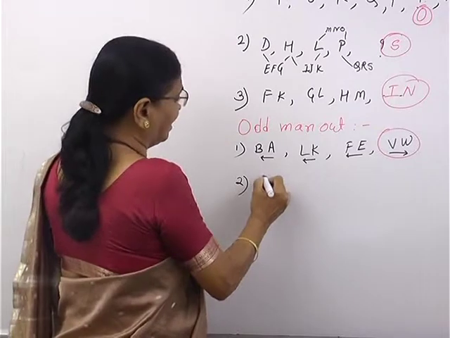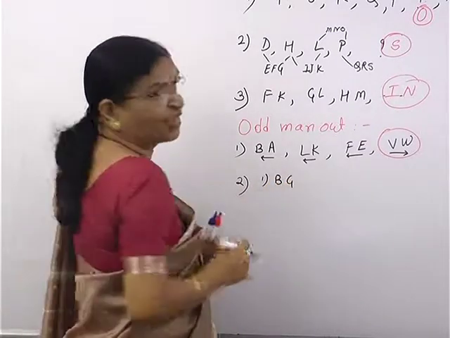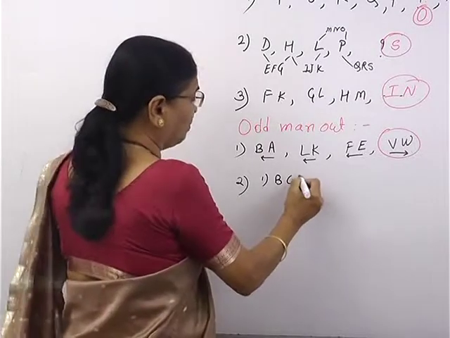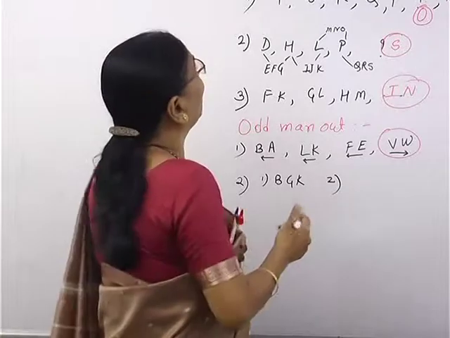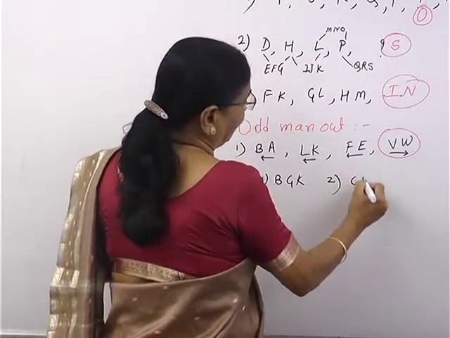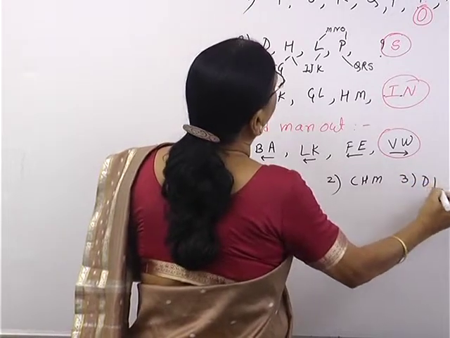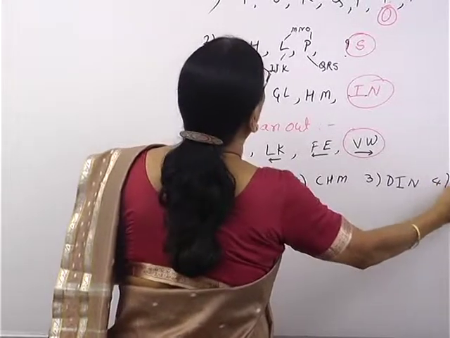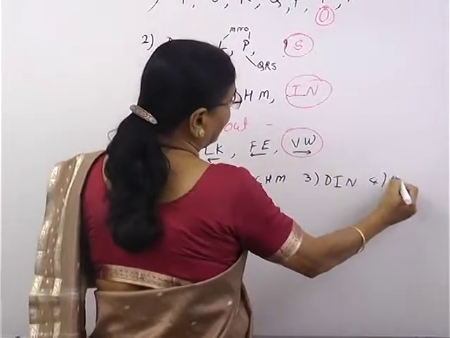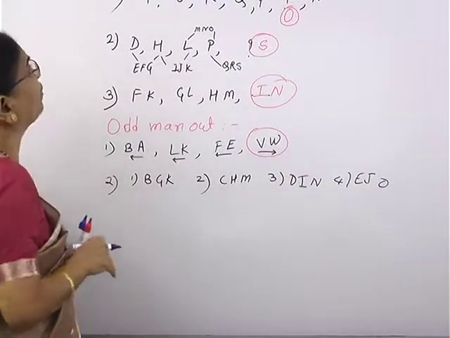So you can do it, and see here what is there. First I say the first group is BGK. Then the other group I will have CHM. Then the third group I will have DIN. And the 4th group I will have EJO. So all these groups, how can you say?